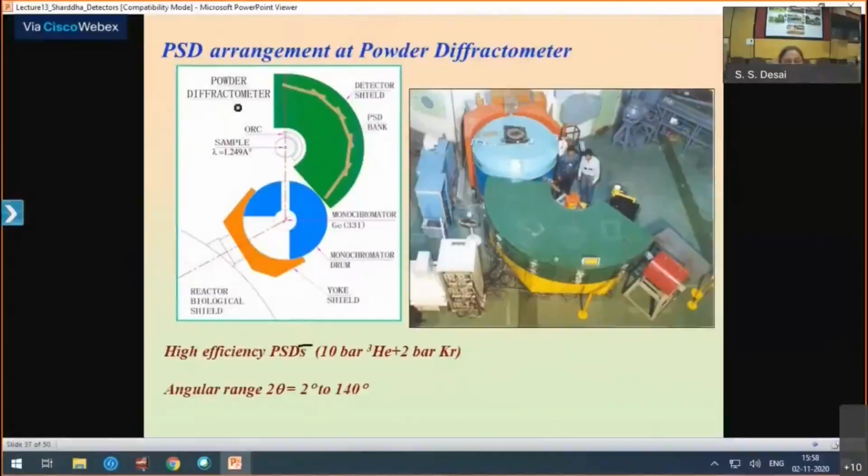Now this is just a schematic of how these PSDs, after complete confirmation that they are well characterized, showing good position resolution, efficiency, and uniformity of response, are mounted. You can see that 5 PSDs are mounted in an angular fashion, so that they are covering 140 degrees of angular range.